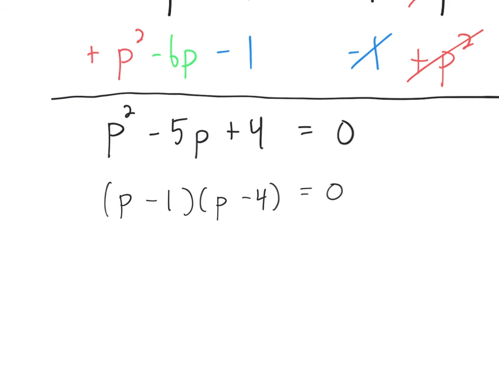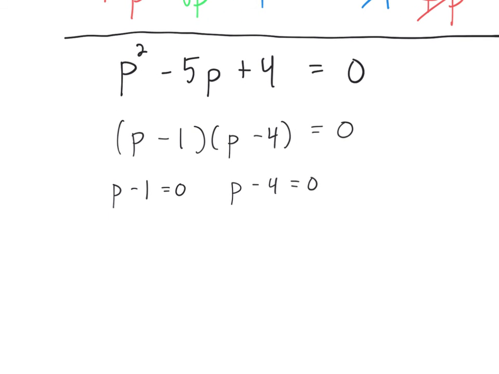Okay, and then, technically we're setting that factor, p minus 1, equal to 0. The other factor, p minus 4, set that equal to 0. And then we're solving each one of these. Okay, but remember, it's always just the opposite. So this is p equals 1, because it's the opposite of that.